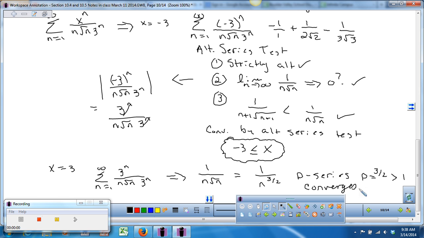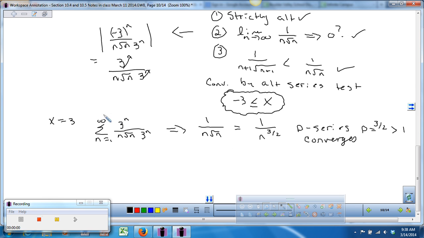So remember I said for the p-series and the harmonic, if we come across it, you should be able to look quickly and tell and not have to go through some exhaustive test. So that's what you want to hope happens when you're testing it. So our answer is our interval of convergence is x is less than or equal to 3 and greater than or equal to negative 3.